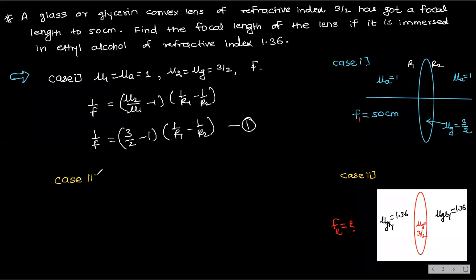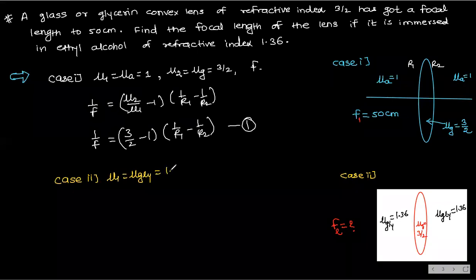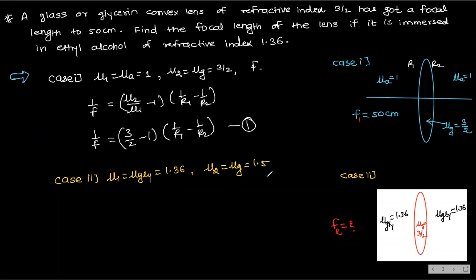In case 2, mu1 is equal to mu gly is equal to 1.36 and mu2 is equal to mu of glass is equal to 1.5 or 3 by 2. Anything you can write.